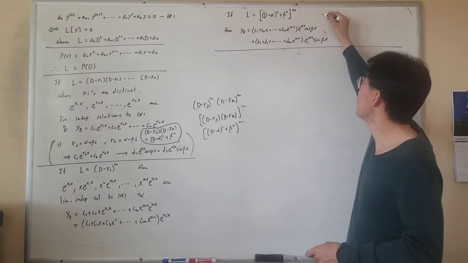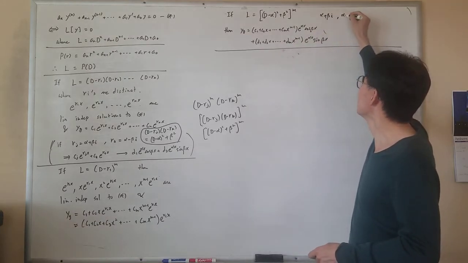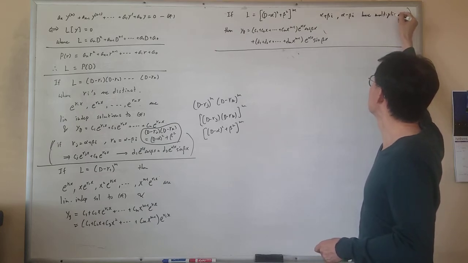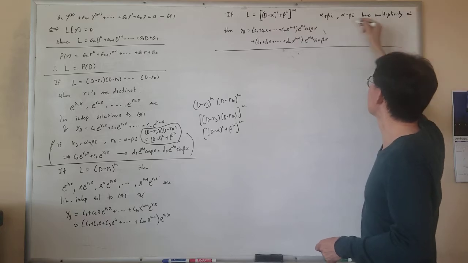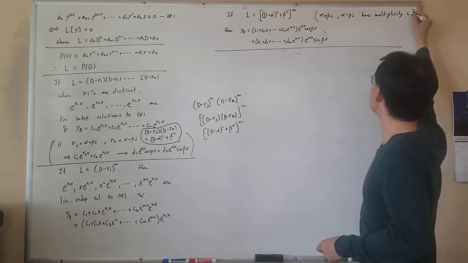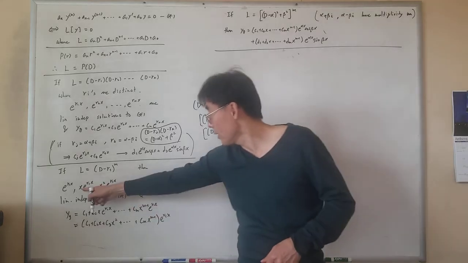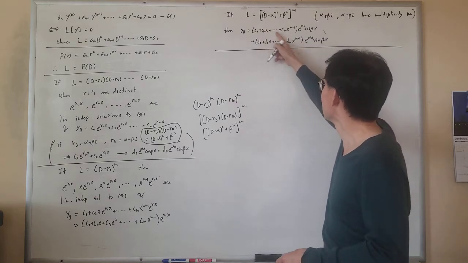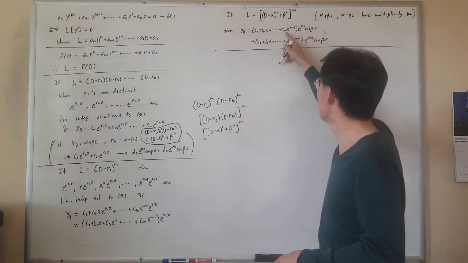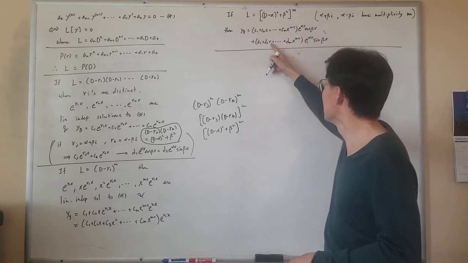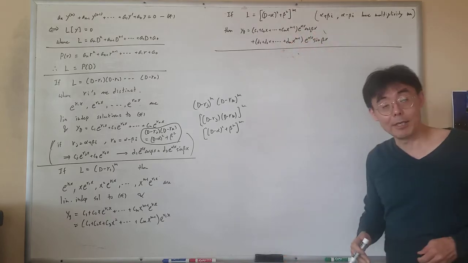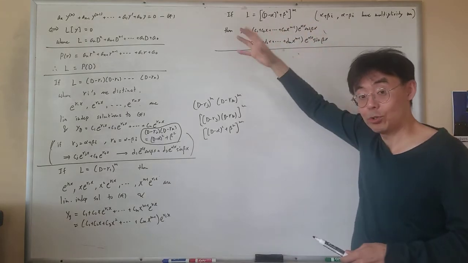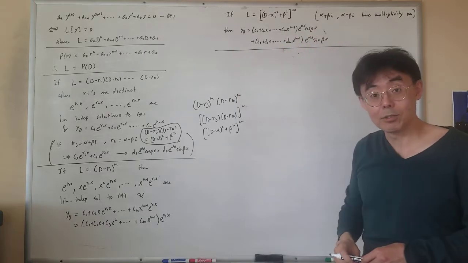So this means that both have multiplicity m. In that case, just like you have x times this one, x squared times this one, all the way to x to the m minus 1 times this one, same thing for e to the alpha x sine beta x. So you have totally 2m solutions here too. All right?